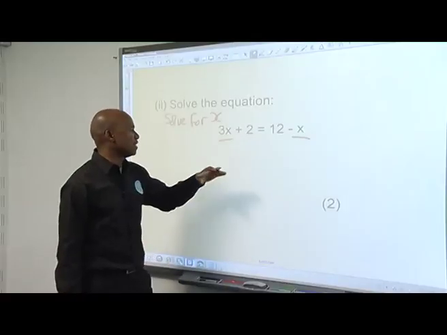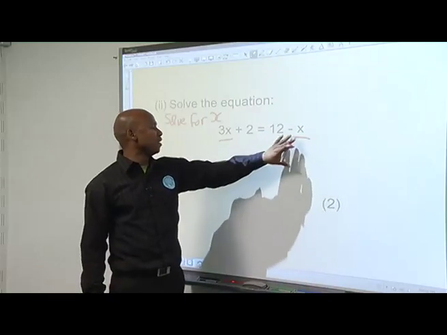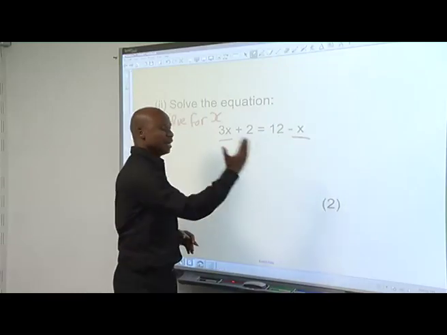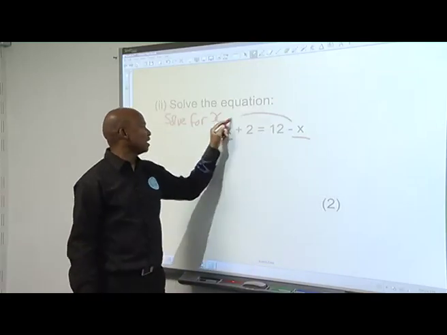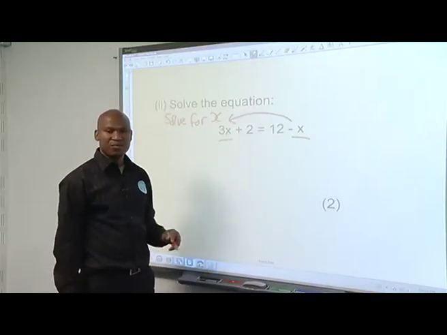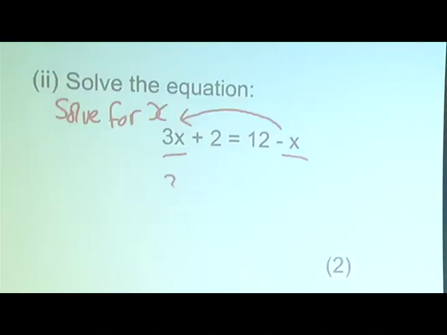Now, we have x there as our known variable. This one is on the other side, that is on the right-hand side. We need to bring it to this side so that we have 3x plus, because it's minus that side, it will be plus x. And then we can take this, that is what we call collecting like terms.